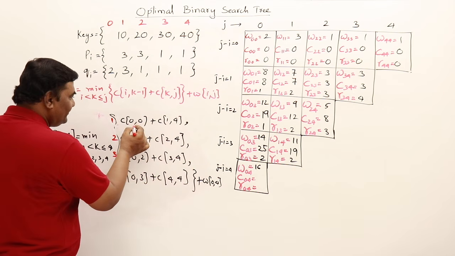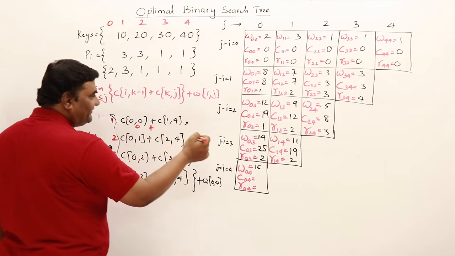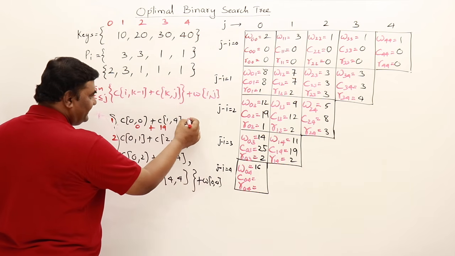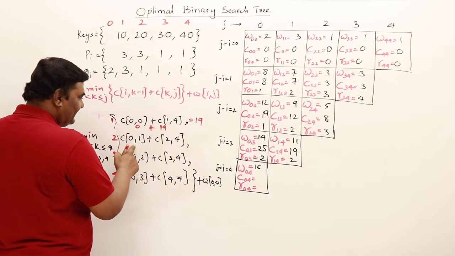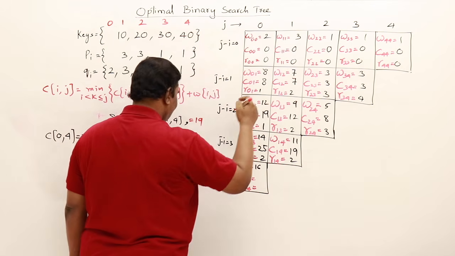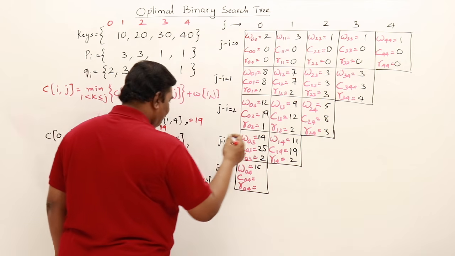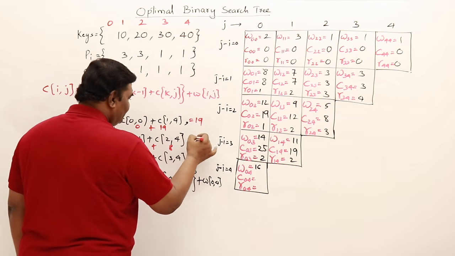See, C00 is 0 plus C14, C1 comma 4 is 19. So total is 19, this one is 19. Then C of 01 is 8. C of 24 is 8. So this will be 16.